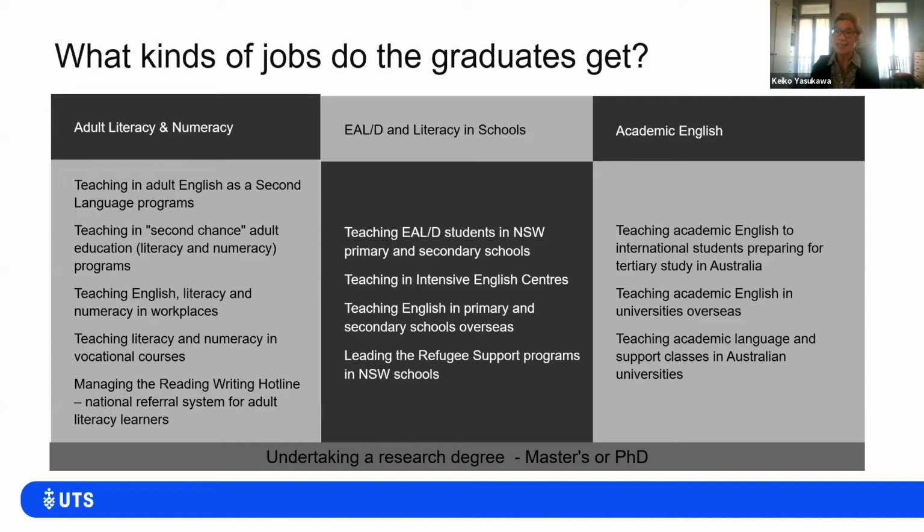So at UTS, we have what's called the HELPS program, which stands for Higher Education Language and Presentation Skills program, where we help our students improve their academic language and literacy skills for both written and oral presentations.